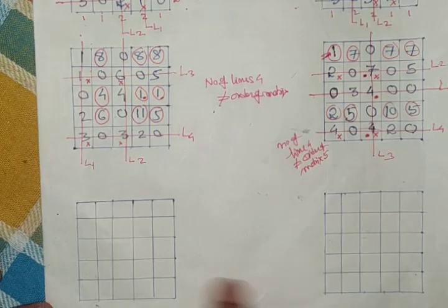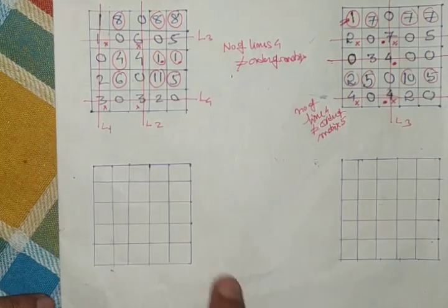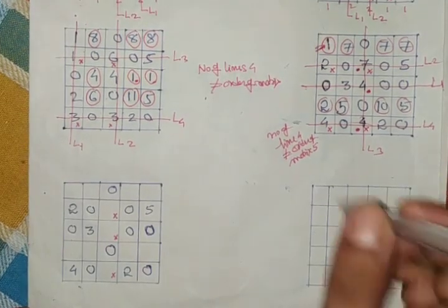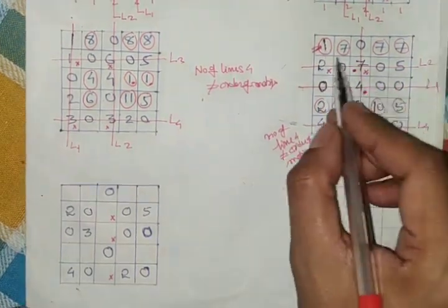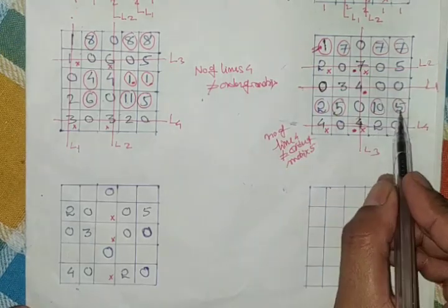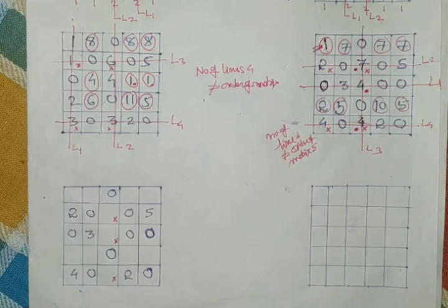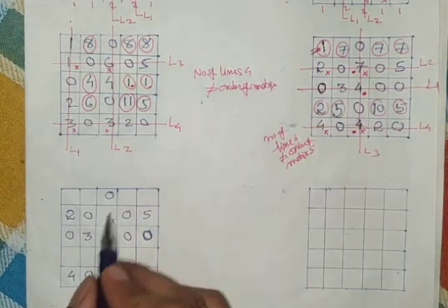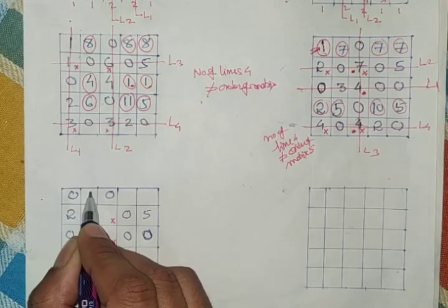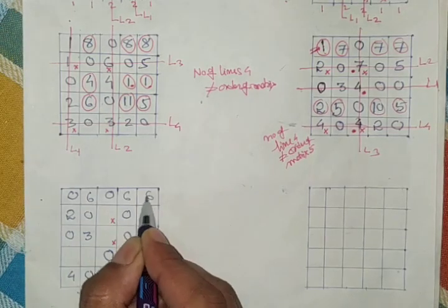So let's construct the new matrix here. Now if you observe, among the uncovered elements 1, 7, 7, 7, 2, 5, 10, 5, 1 is the minimum one. So here I am writing, this is 0. This became 6, this became 6, this one became 6.